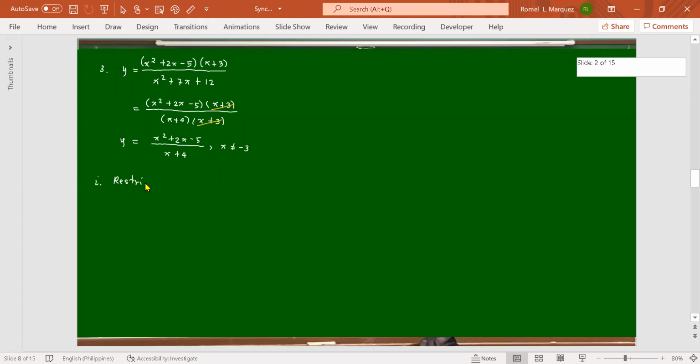Meron bang whole? Meron. Kung walang na-cancel, walang whole. Dahil may na-cancel, so x equals 3 ang na-cancel. When x is 3, what is the value of y? 9, pag in-square dito. Plus 6. Am I correct, children? 2 times 3. Minus 5 all over 3 plus 4.